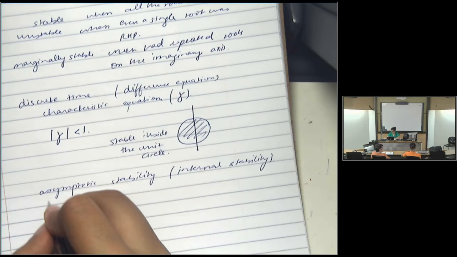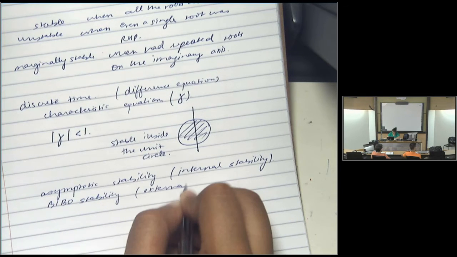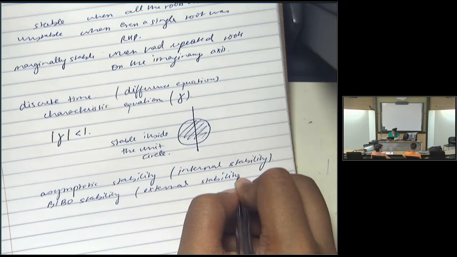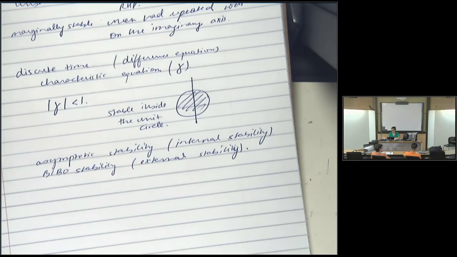Okay. BIBO stability, on the other hand, is external stability. Our system is like a black box. We might think that it's stable externally whenever we apply an input and we get a bounded output, but internally it might not be stable. But whenever it is internally stable, it has to be externally stable.